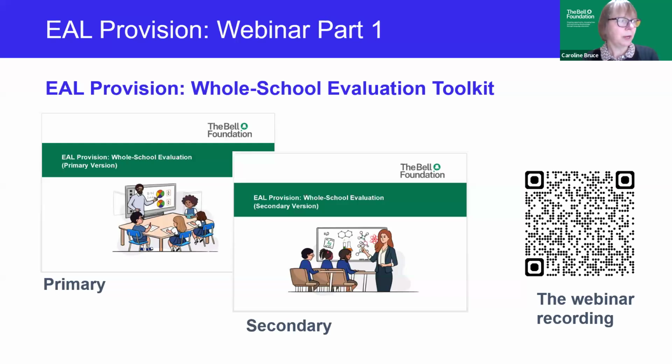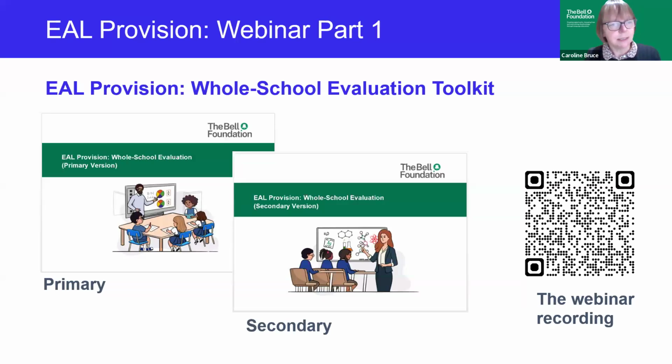So we'll start with a quick recap of the first part of the webinar series on understanding your EAL provision. In part 1, we introduced the toolkit, the EAL provision whole school evaluation toolkit. This is something that the Foundation developed to support schools with reflecting on their current EAL provision, identifying areas of strength and need, and considering actions for improving the provision for multilingual learners who use English as an additional language.